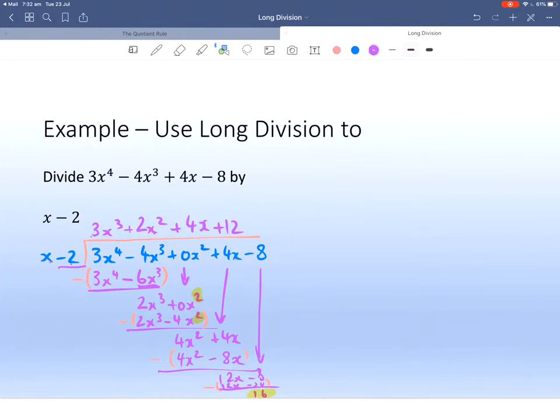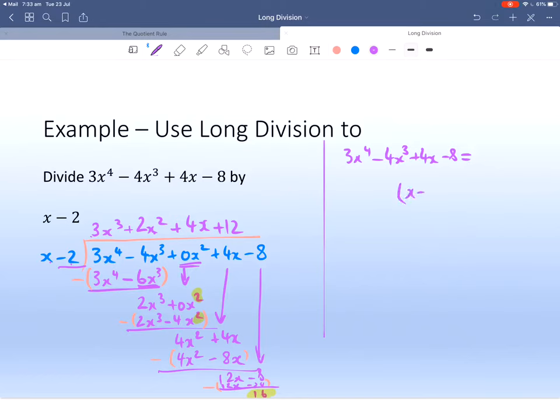Now, I'm just going to write it in the way that we wrote it before. So I'm going to go 3x to the 4 minus 4x cubed. Now, I don't need to put this bit in here. So 4x minus 8 is equal to x minus 2 times. Now, I'm going to give myself more space.